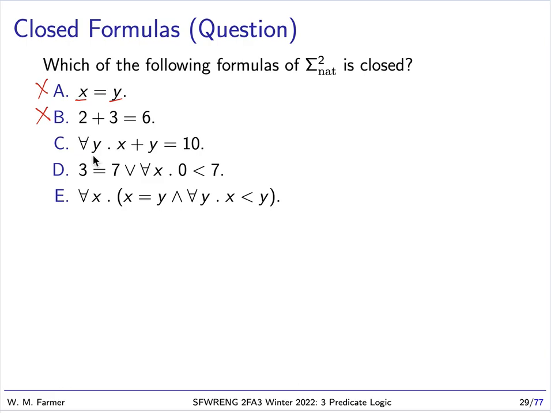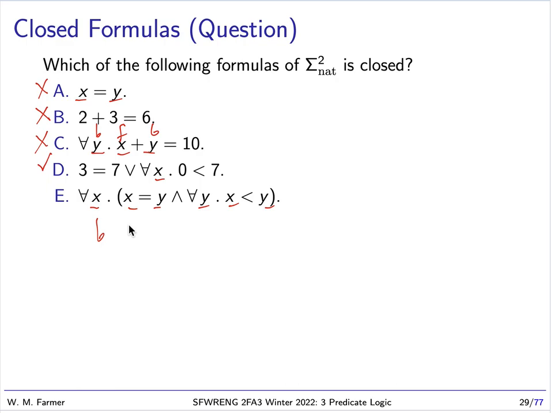C has two variables, and there's three occurrences altogether. This is bound, and this is free, and this is bound. So there's a free variable, so this is not closed. D has just one variable. It is bound by this quantifier, so it's closed. And E has several variable occurrences.